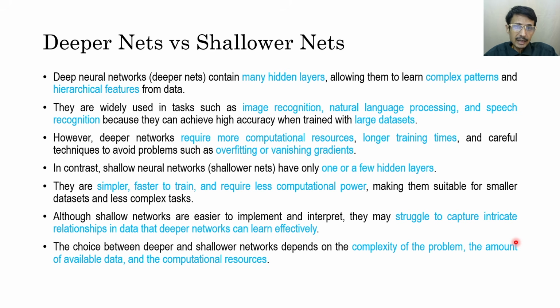In the supervised paradigm, we say available and annotated data, and definitely the computational resources. These are the most important parameters by which we can choose a deeper net or a shallower net.